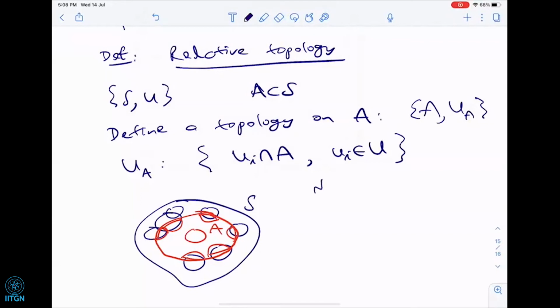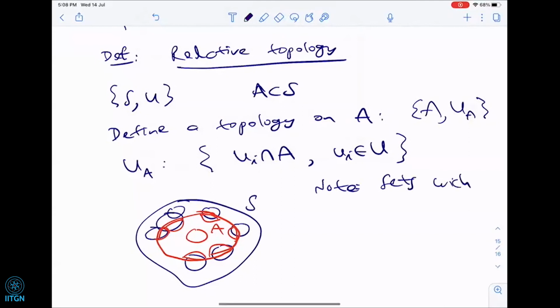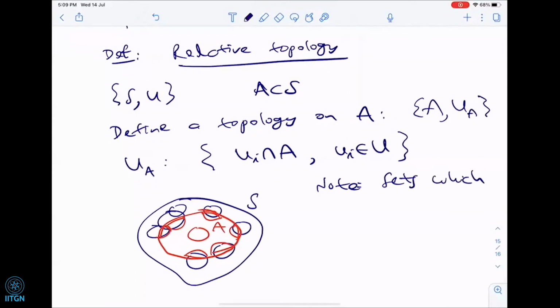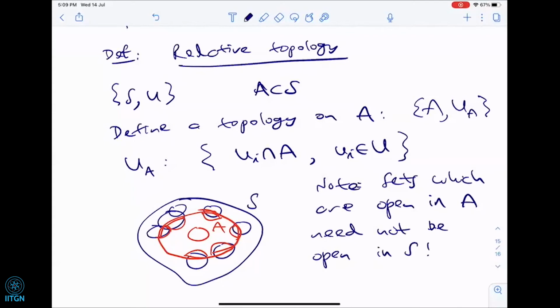And one small comment: sets which are open in A need not be open in S. Look at it this way.